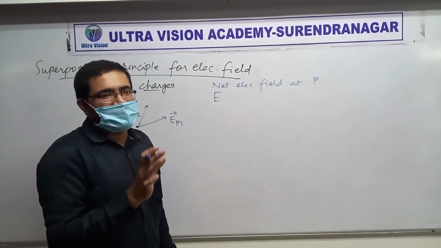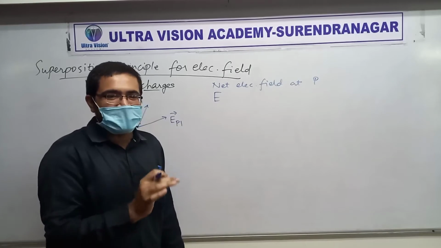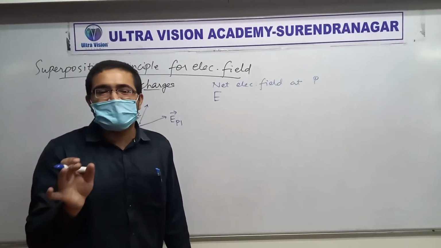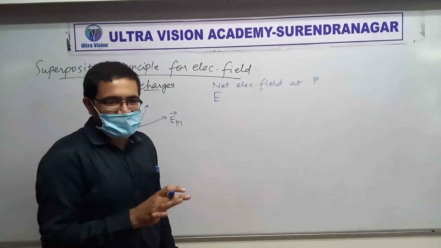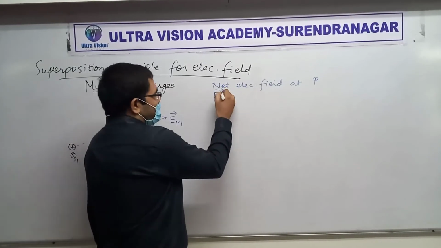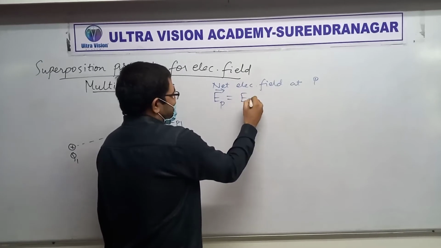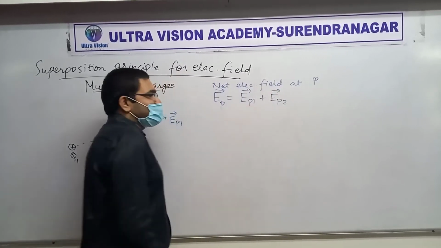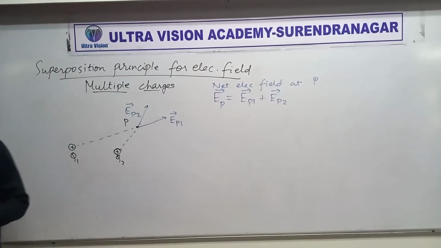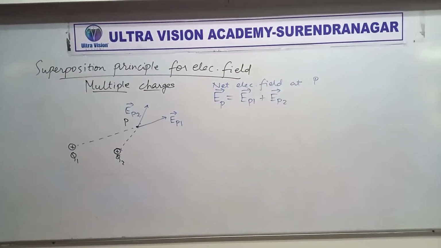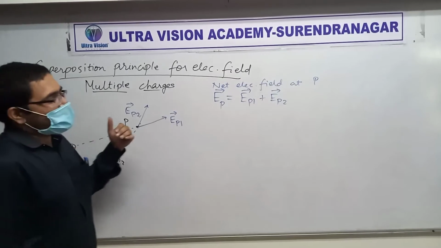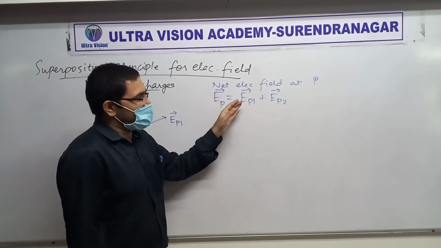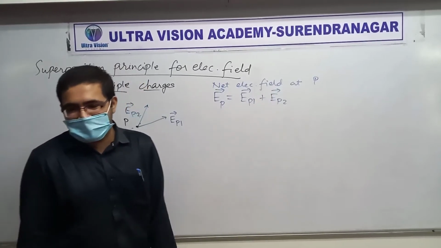In formula form it's this; you have to convert this to English. Electric field at the point P is the vector sum of the individual electric fields.